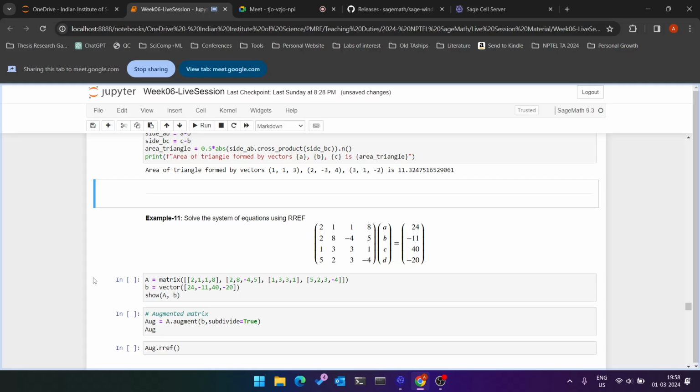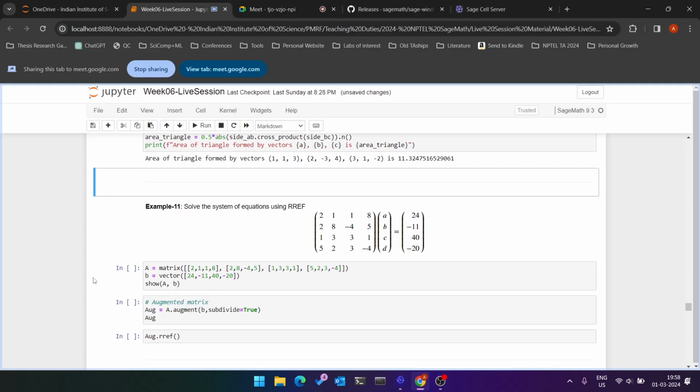Next, in the next half of the week, we learn basically about how to solve systems of equations, different vector spaces that exist, and some concepts related to that, including basis, linear independence, and so on.